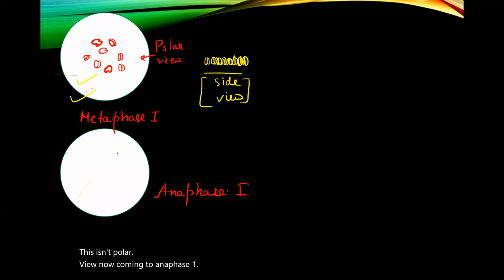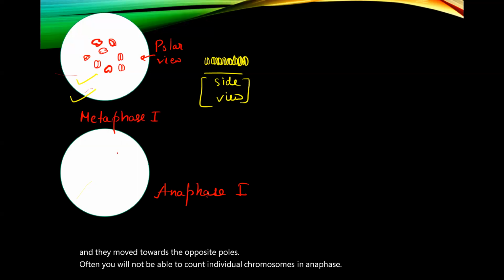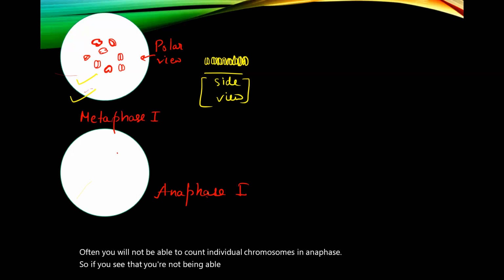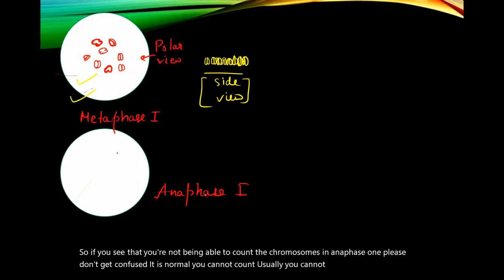How will Anaphase one look like? The chromosomes are seen in two distinct groups, and they move towards the opposite poles. Often, you will not be able to count individual chromosomes in Anaphase one. So if you see that you're not being able to count the chromosomes in Anaphase one, please don't get confused. It is normal. Usually you cannot count chromosomes in Anaphase one.